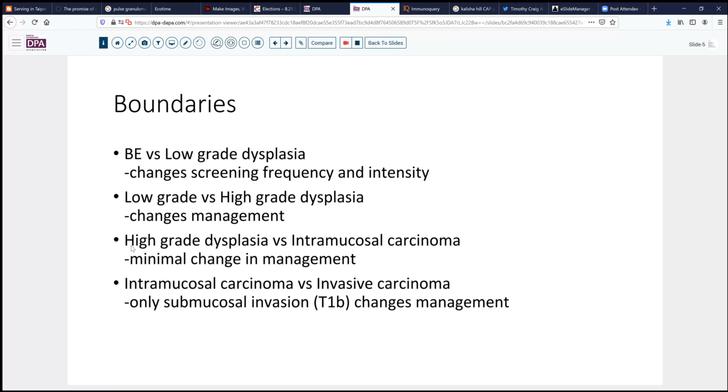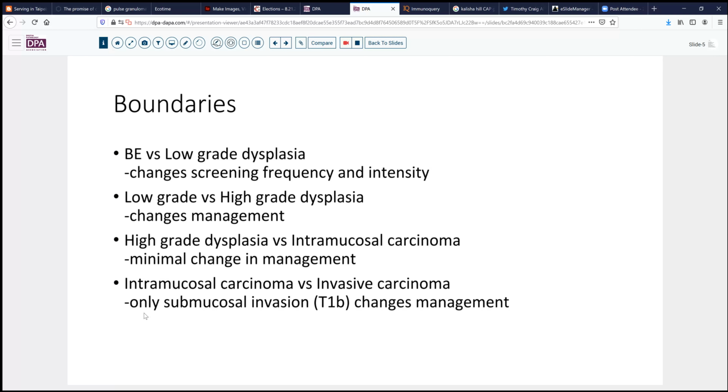In contrast, the boundary between high-grade dysplasia and intramucosal carcinoma results in very minimal change in management. Both of these need to be excised if they can be, ablated if they are amenable to that, or otherwise dealt with in a more aggressive fashion. Not particularly different. The boundary between intramucosal carcinoma and invasive carcinoma depends a little bit in terms of how different the management will be there.